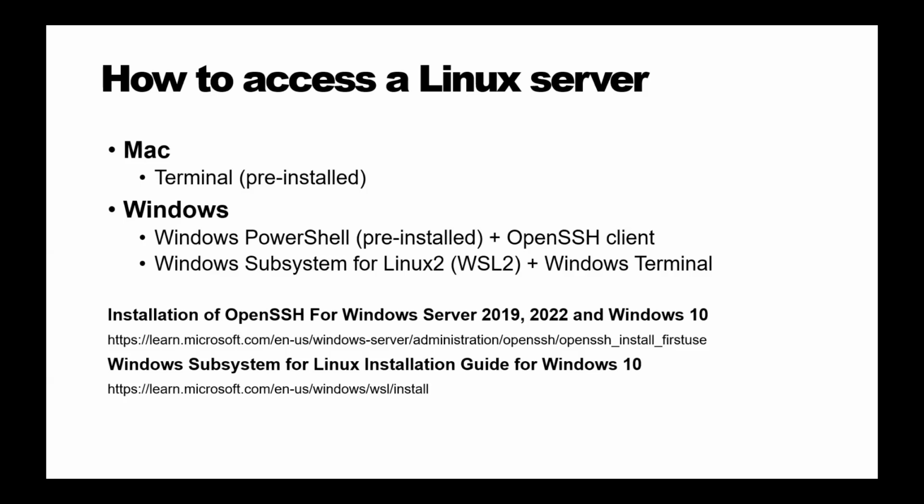In the case of Windows, you can access the Linux server using pre-installed PowerShell and the OpenSSH client, which must be installed on Windows additionally. First, I will explain how to install the OpenSSH client on Windows 10.